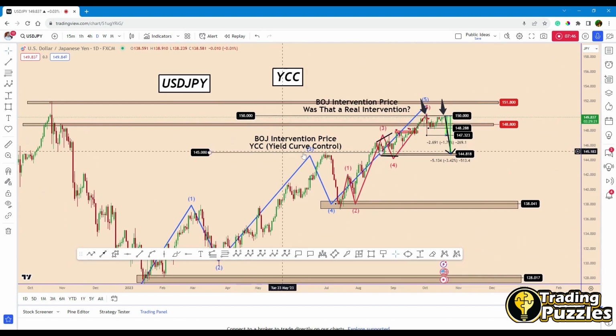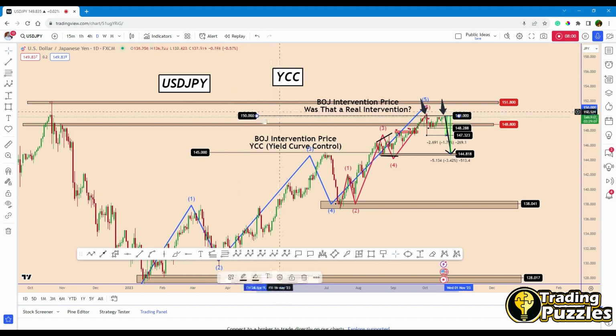This is an in-depth analysis. 150 is the one that the Bank of Japan is already watching, and 145 is not good anymore to watch for this yield curve control. I think that they will not let the price move above this point.